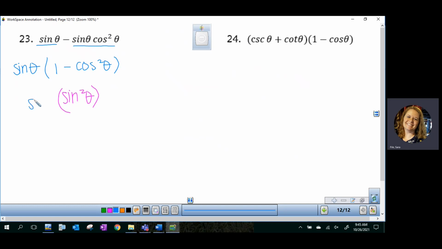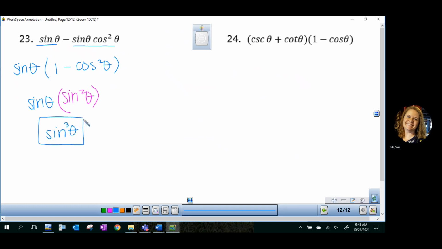And then I've got sine times sine squared. What would that be? Sine cubed. Good. So I factored, used Pythagorean identity, and then simplified.